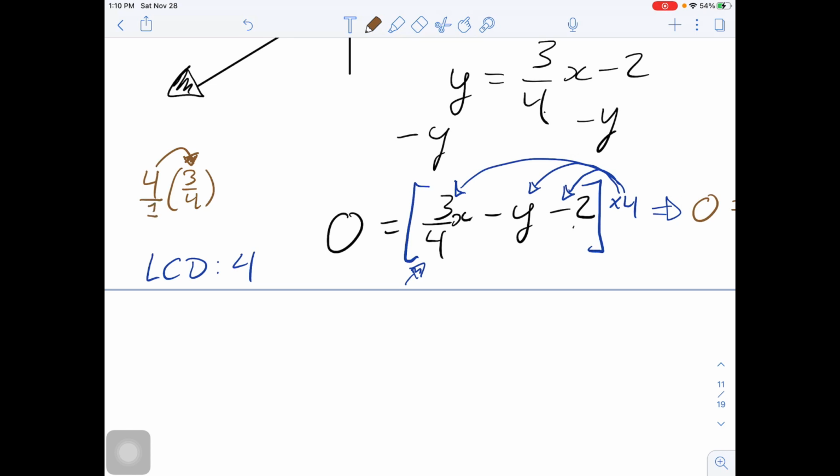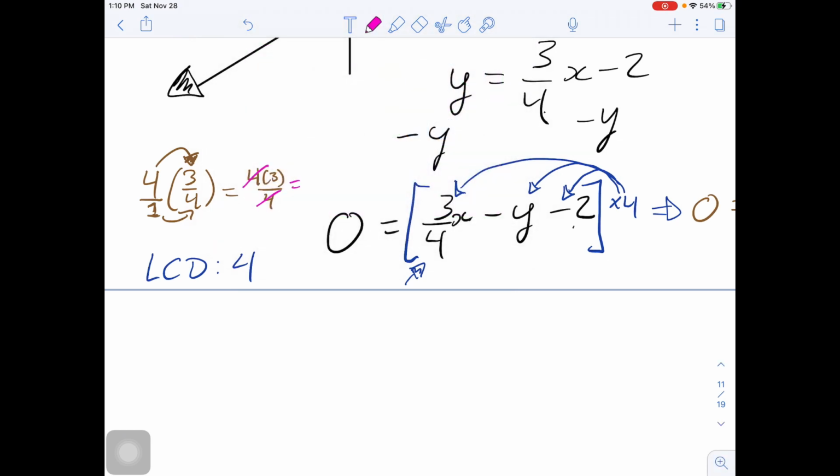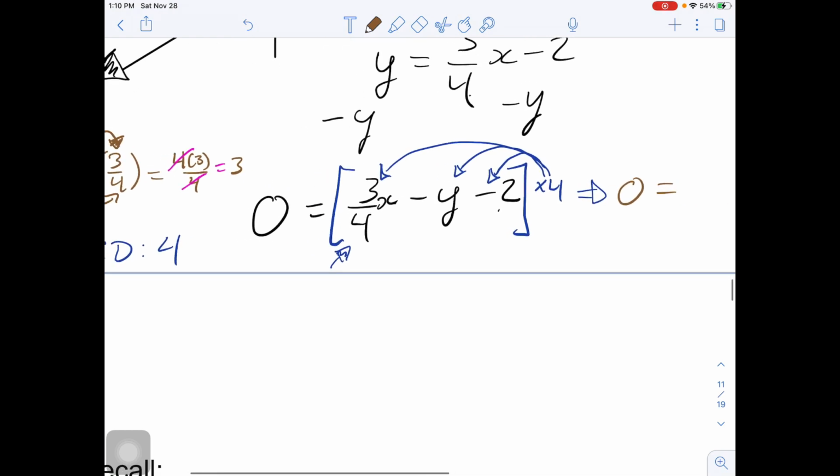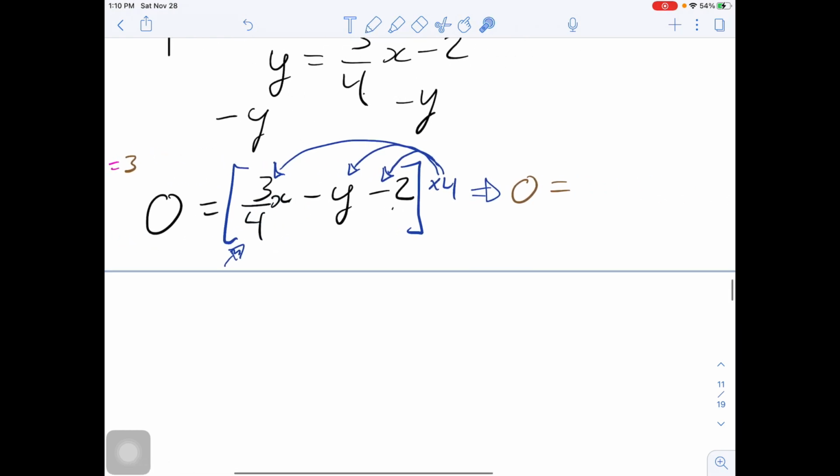You can imagine a 1 being on the bottom of this fraction, so 1 times 4 is simply 4. So here you get 4 times 3 divided by 4, and hopefully you can see our 4 cancels out, and you're simply left with 3. Okay, so that's why you multiply by the lowest common denominator. It gets rid of your denominator.